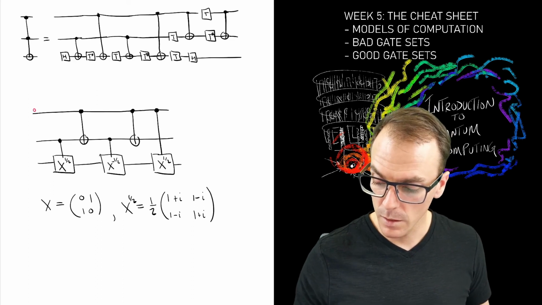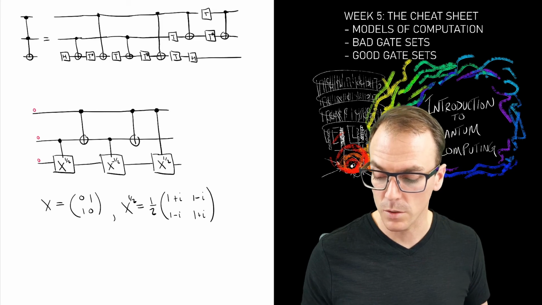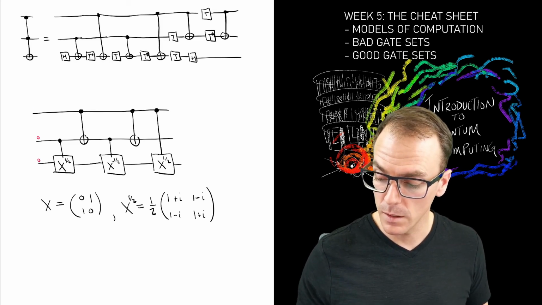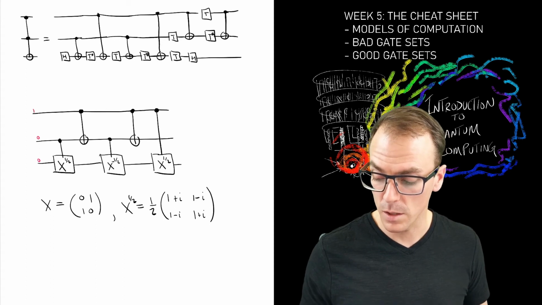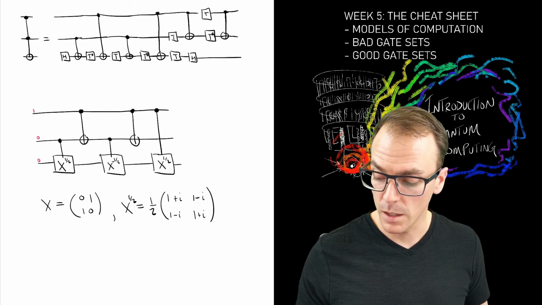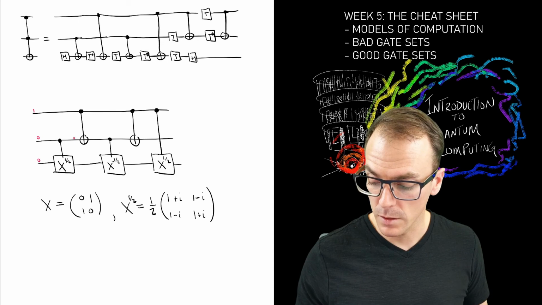If we start with 0, 0, 0, then I have two controls, and the controls don't do anything, so I end in 0, 0, 0. Now, let's start in 1, 0, 0. If I start in 1 at the top qubit, then after the first gate here, I have 0, 0.